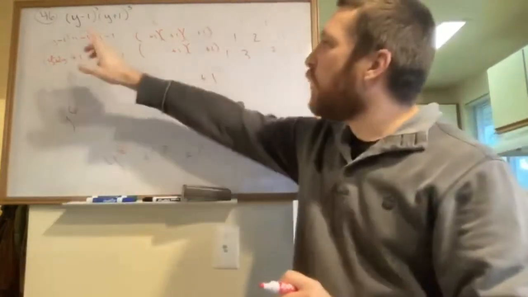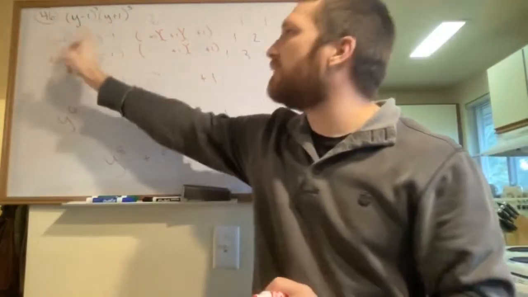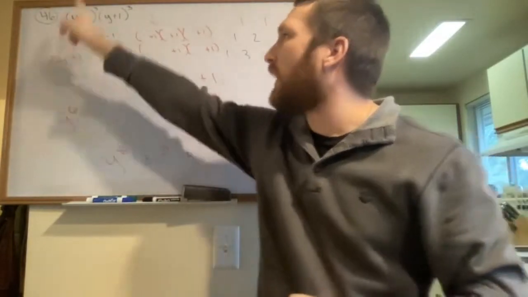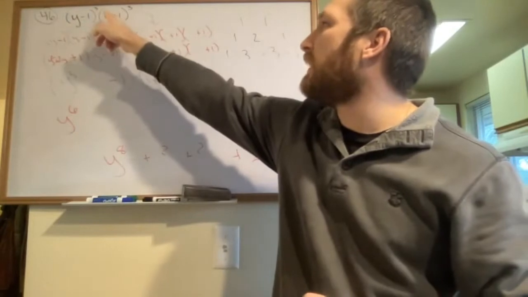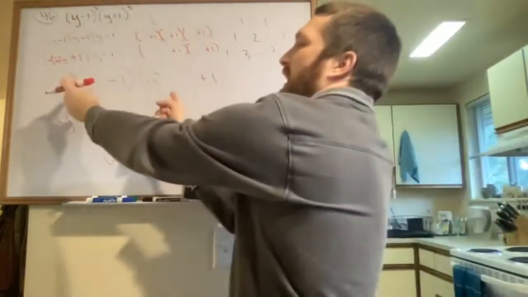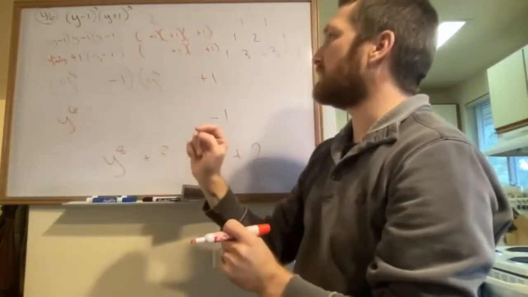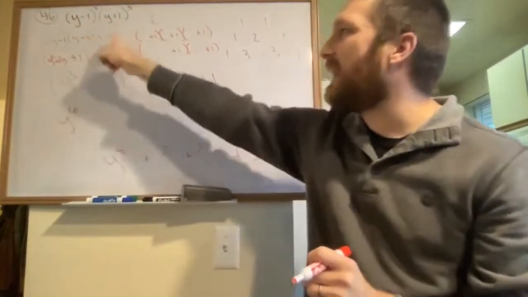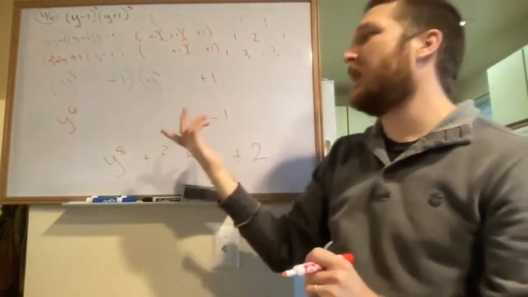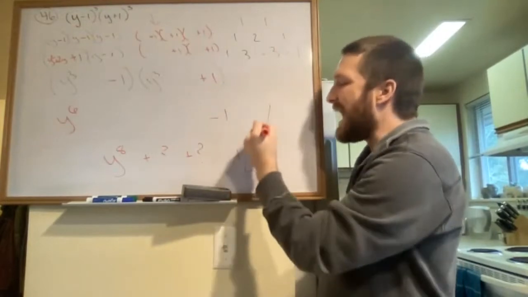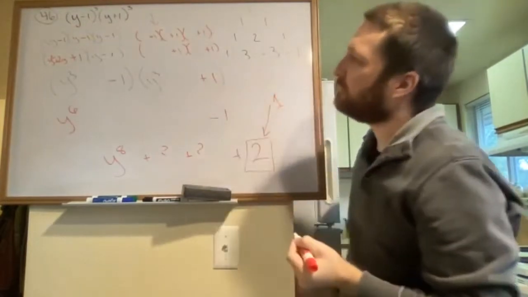Because when I go to do all of this, I'll have 1 y every time, and I'll end up with a y cubed, a y cubed, and so on. And so the biggest thing I should have is a y to the 6th. The trailing guy is always going to be either a +1 or a -1. So this last thing can't be a 2. It has to be a 1.